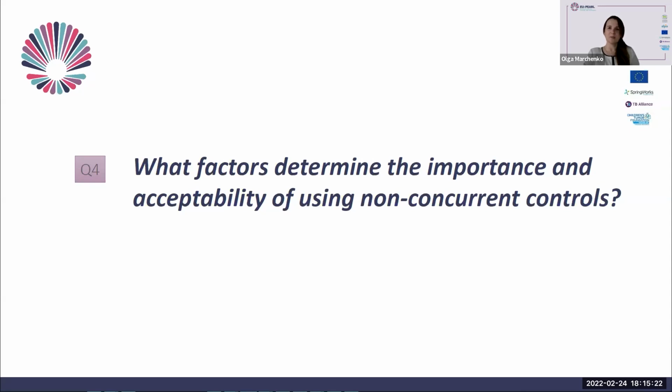What is interesting to me personally, that every time we discuss right now, we know regulators stand. They accept analysis with a common control, but they say we need to have a good convincing reasons to use non-concurrent control. What about the totality of evidence?